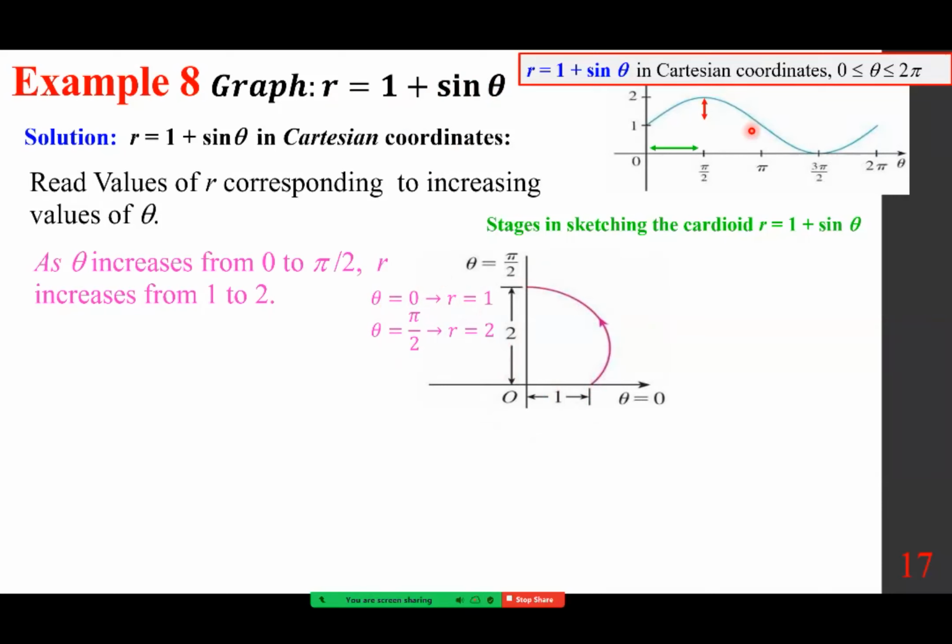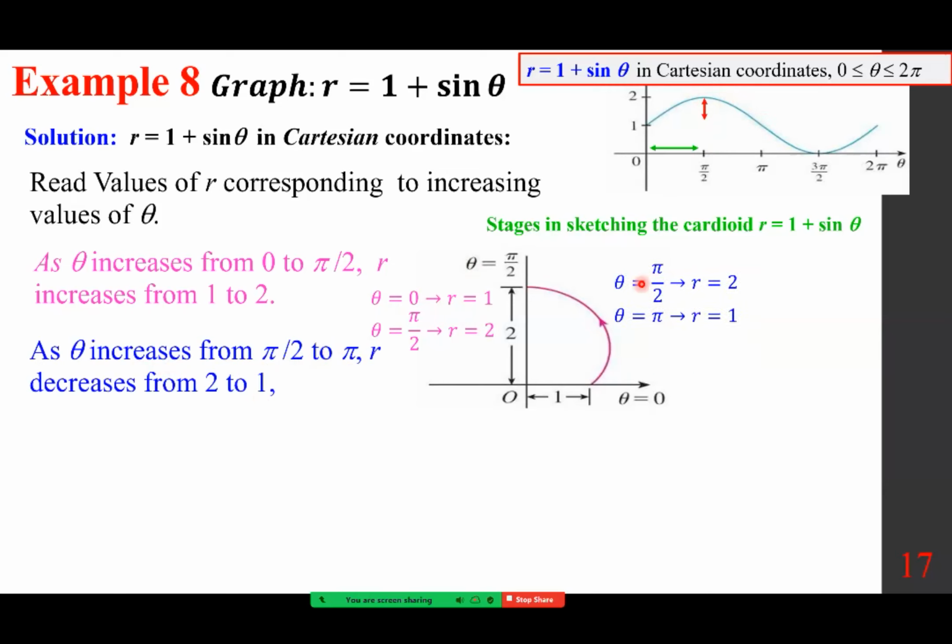The second stage is the second arc. As theta increases from pi over 2 to pi, R decreases from 2 to 1. When theta is pi over 2, we had 2.